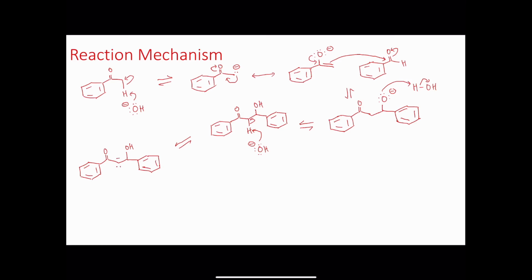Alright, so we have a negative charge on the alpha carbon, and we have the elimination of the OH group, and finally we end up with the alpha, beta unsaturated ketone, the main product of the aldol condensation reaction.